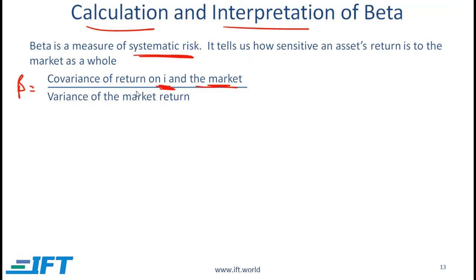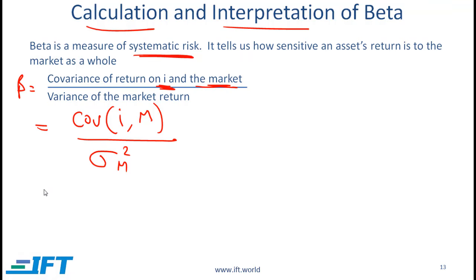So we look at the return on a stock relative to the return on the market and see how they vary relative to each other. This is divided by the variance of the market. Symbolically, we can write this as the covariance of returns of i with the market divided by the variance of the market.